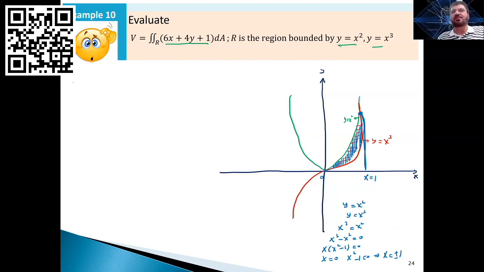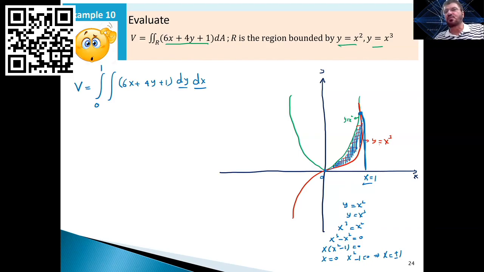So let's do now the volume. It's the double integration of 6x plus 4y plus 1. Now I took it as a region of type 1, so I'm going to say dy dx. For the x, it starts from 0 to 1. How about the y?